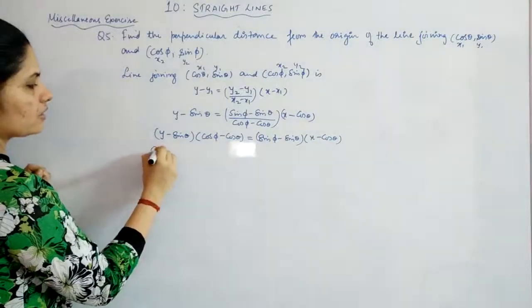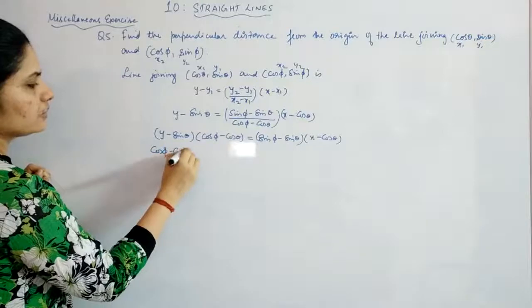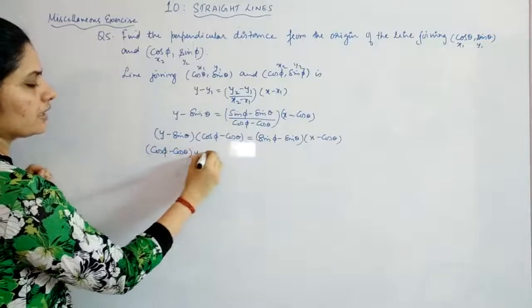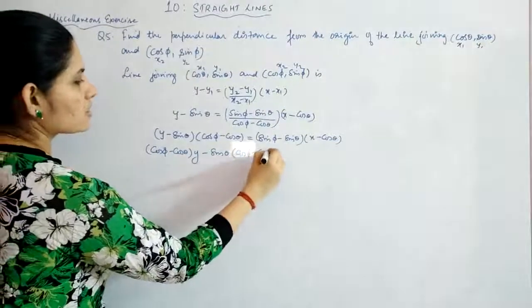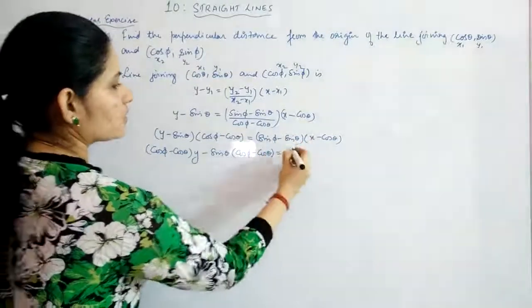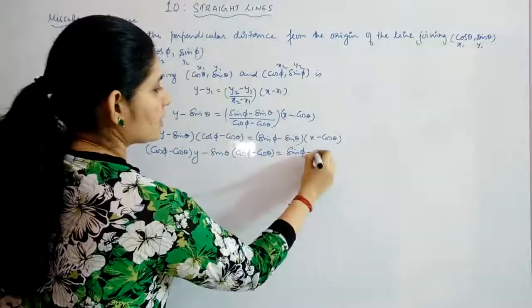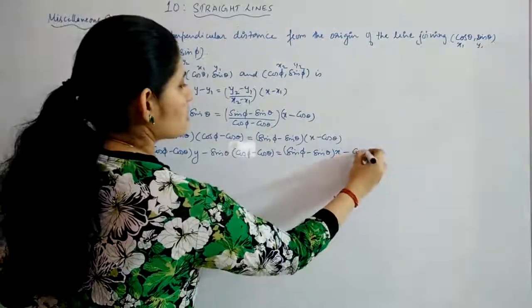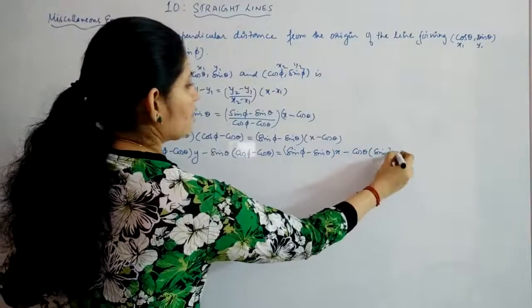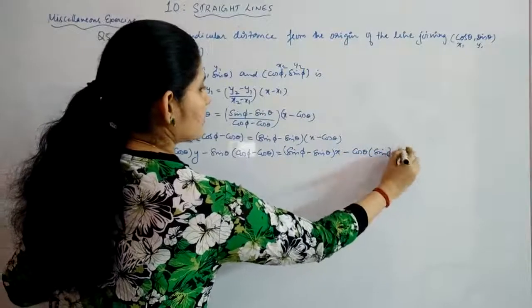So you will get cos phi minus cos theta into y minus sine theta into cos phi minus cos theta is equal to sine phi minus sine theta into x minus cos theta into sine phi minus sine theta.